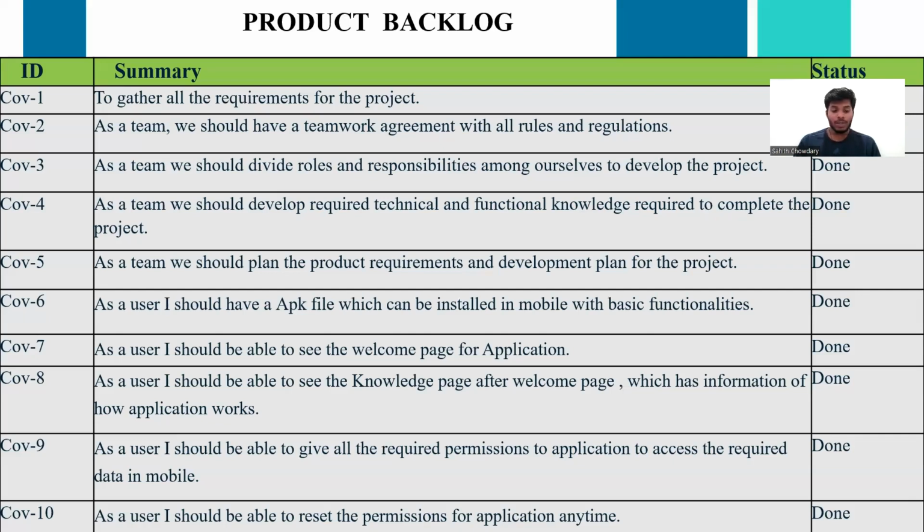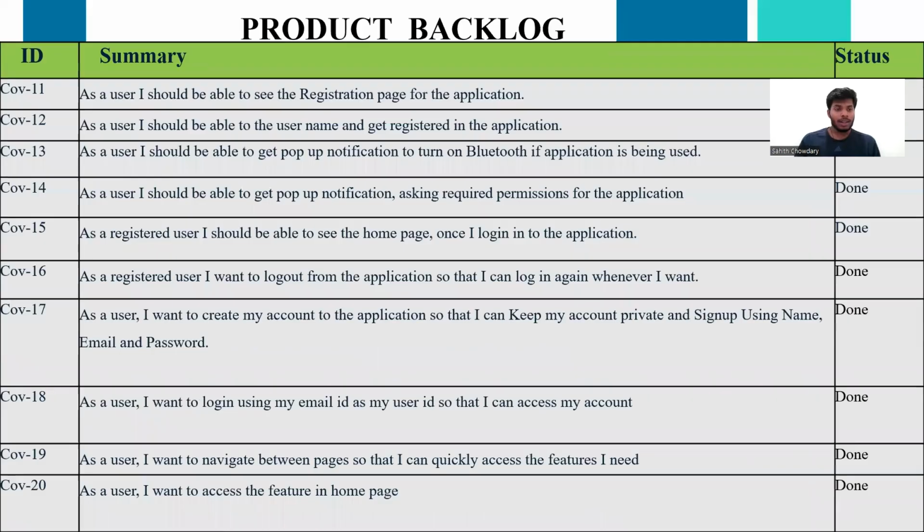And in COV10, user should be able to reset all the permissions at any time. And in COV11, the user should be able to see the registration page for the application, and should be able to register in the application using his username.